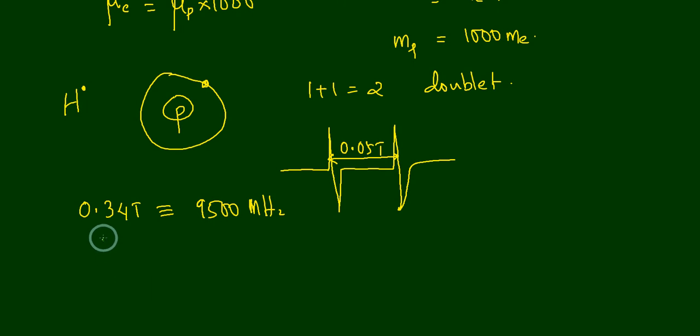And if 0.34 Tesla is equivalent to 9500 megahertz, we can calculate how many megahertz 0.05 Tesla is equivalent to.